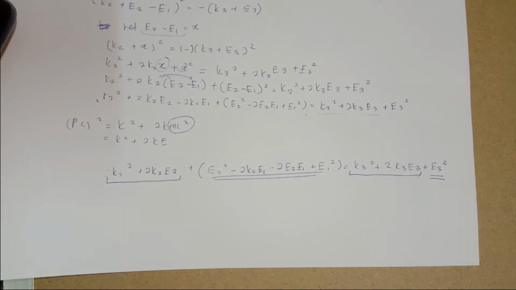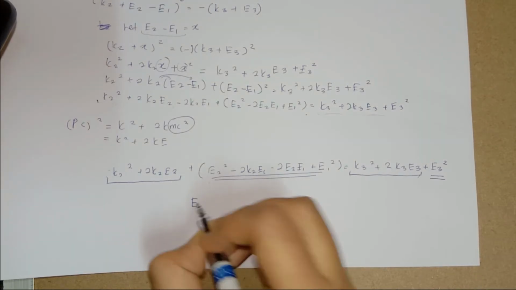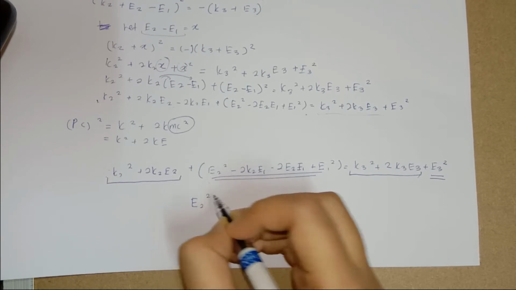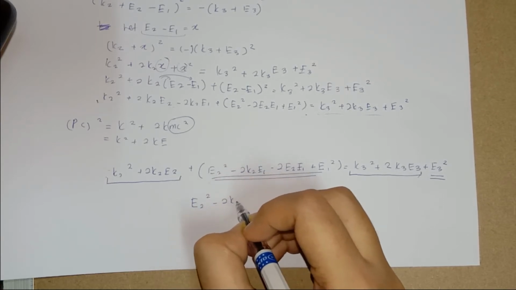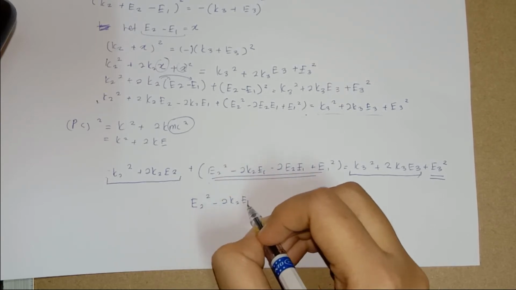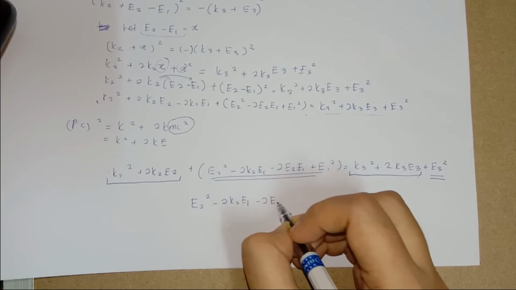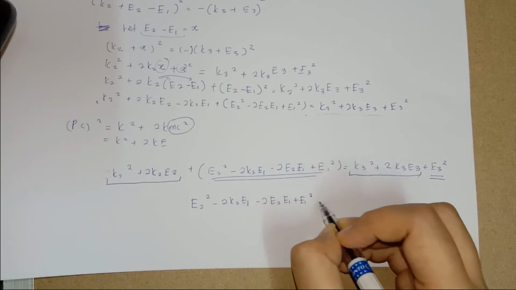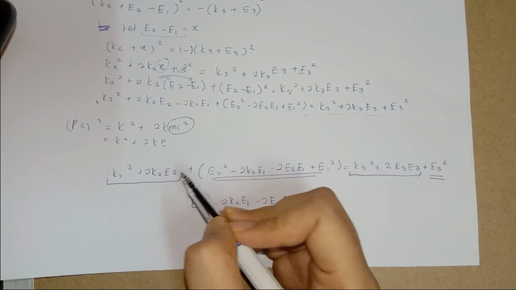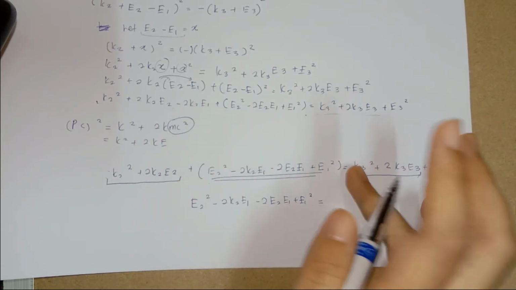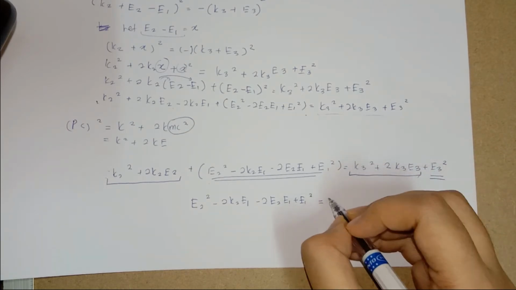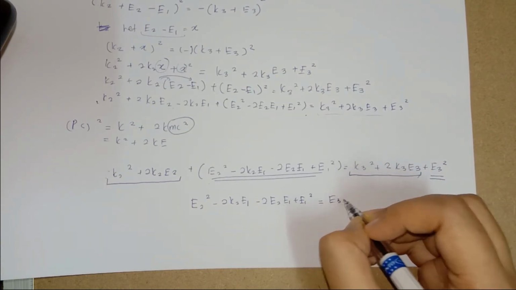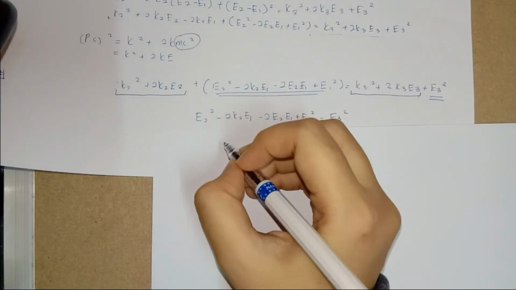Now let's do it. E2 squared minus 2K2E1 minus 2E2E1 plus E1 squared equals, remember we're going to put this aside first, so equals E3 squared, right? I'm going to rearrange the equation.